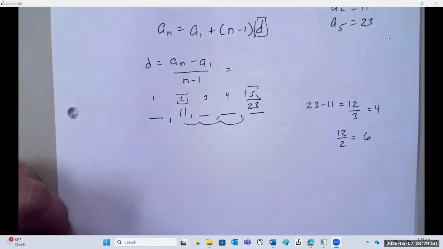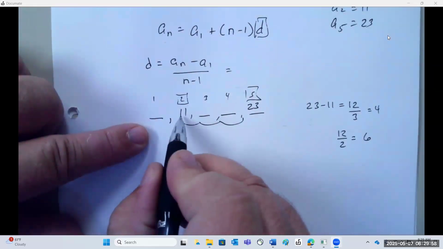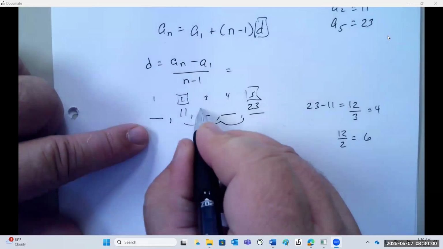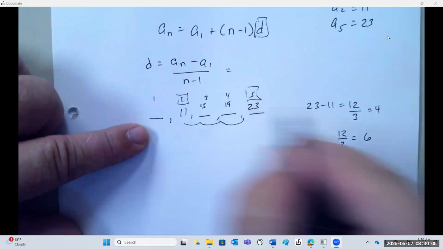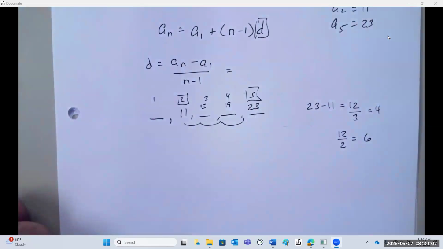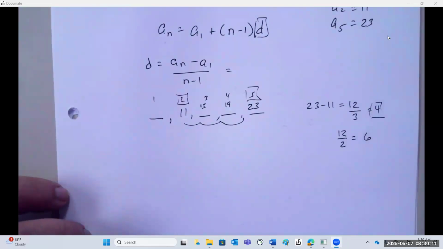Which one will work better? Well, let's see. If we add 4, 11 plus 4 is 15. 15 plus 4 is 19. 19 plus 4 is 23. So our distance is 4.